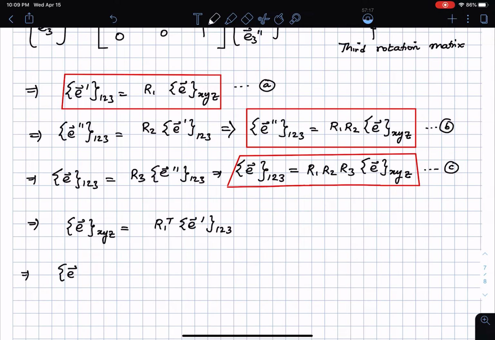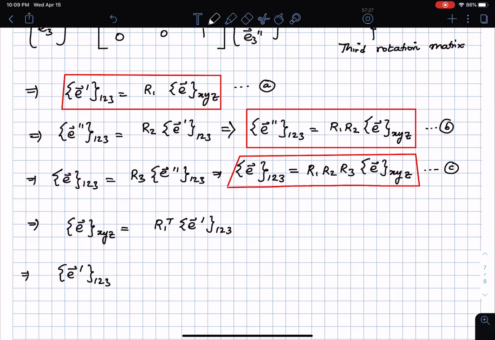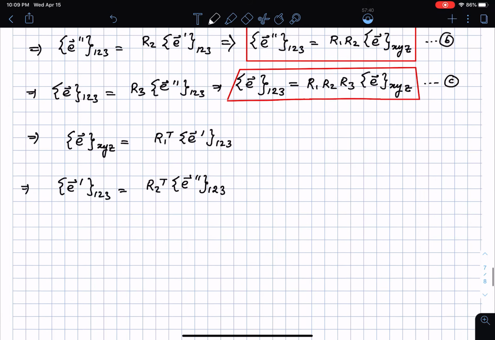Then I can say that e prime 1 2 3 is going to be the same as r2 transpose times e double prime 1 2 3. That's also true.